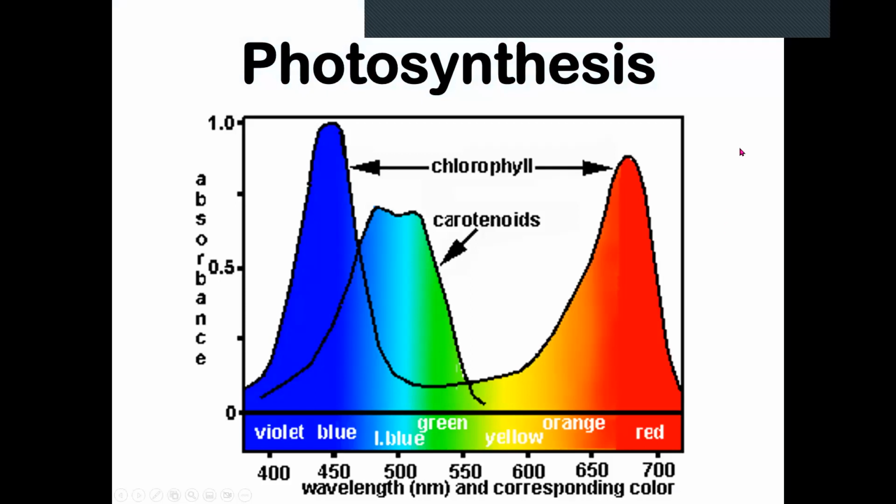Now, photosynthesis only uses a couple of colors. It uses the red end and the blue end of the light spectrum. It does not use the green. A little bit on the edge, but not the green, and that's why leaves are generally green.